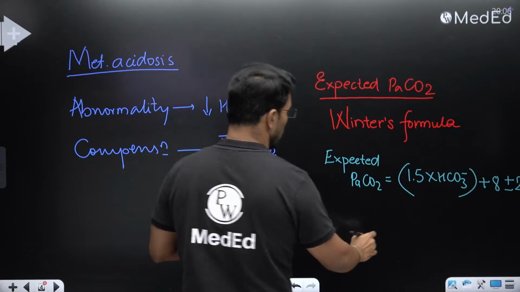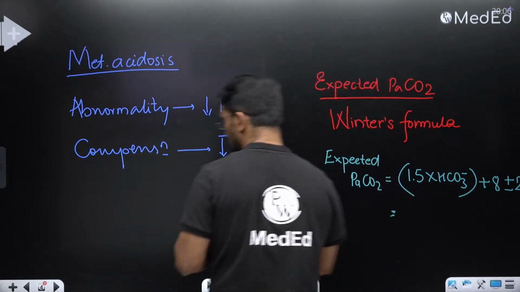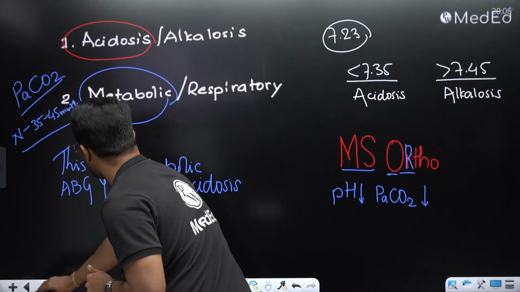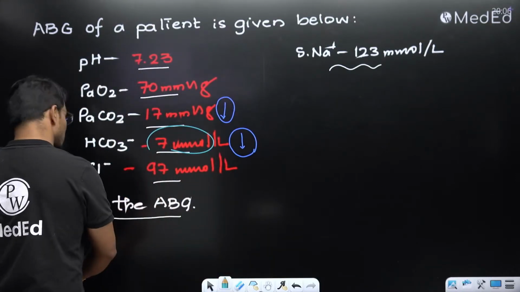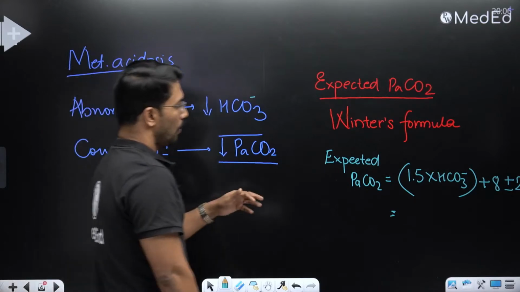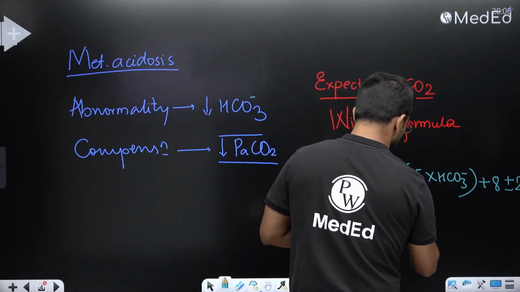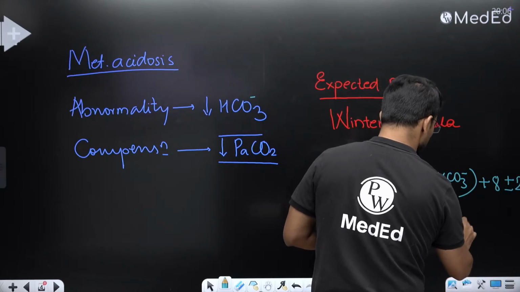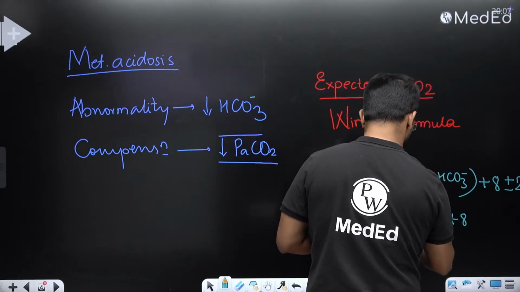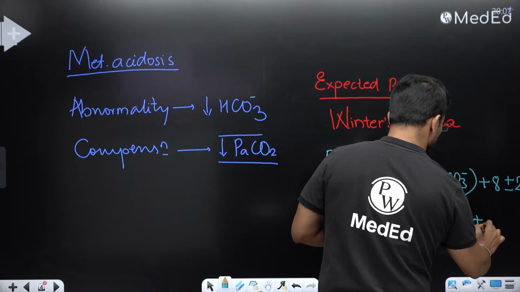Now here the patient's bicarb is how much? It was 7 if I remember correctly. The bicarb was 7. So let us take that to the formula. 1.5 into 7 plus 8 plus or minus 2.